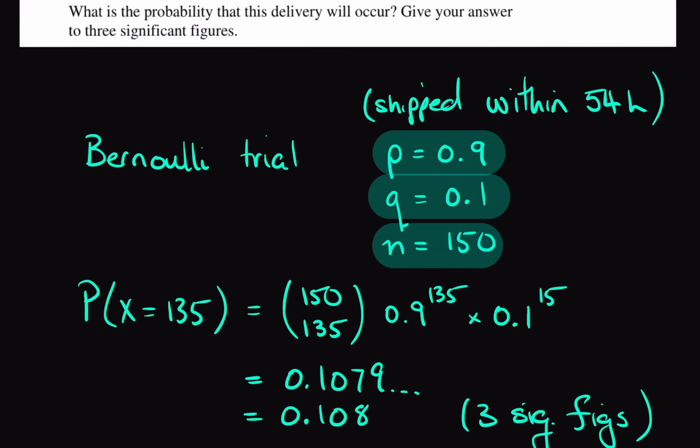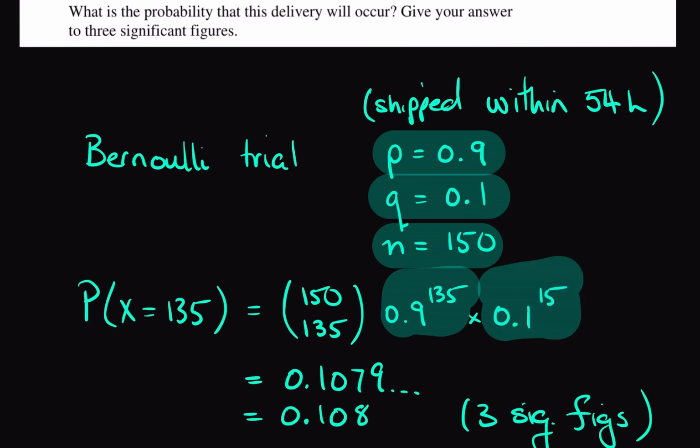So one way of determining the probability of getting 135 successes is doing the product here: probability of success 135 times, multiplied by the probability of failure 15 times. And then we've got the number of ways that can be done, which is 150 C 135. And you can do the calculations yourself.